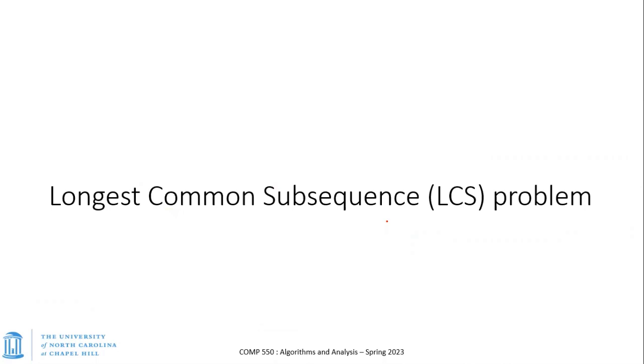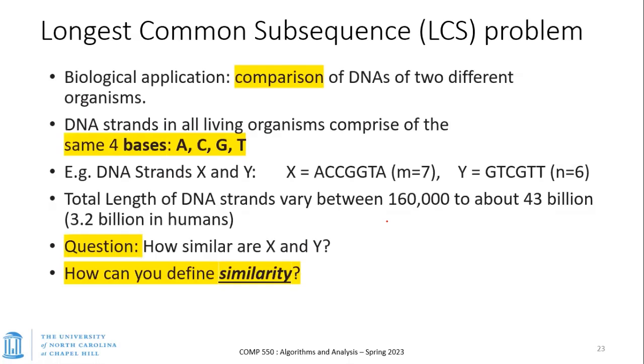Okay, and if the rod cutting problem was a one-dimensional problem, this is going to be a two-dimensional problem. Okay, so a little bit more complex. But if you understood the basic concepts in the rod cutting and also in the earlier problems that we saw in graphs, you should be able to hopefully understand how the LCS problem is solved using dynamic programming.